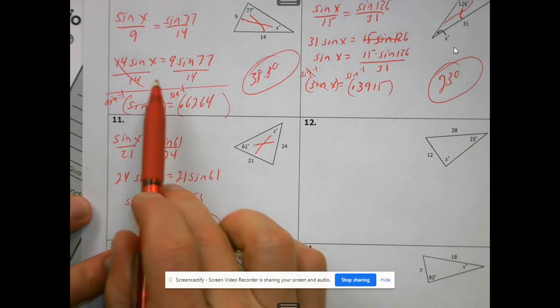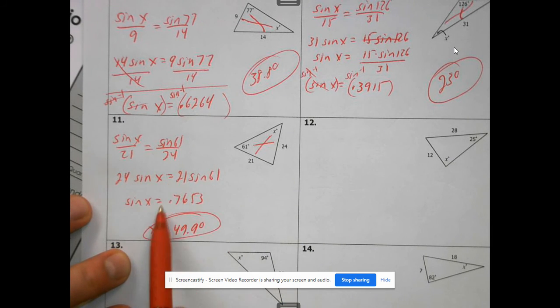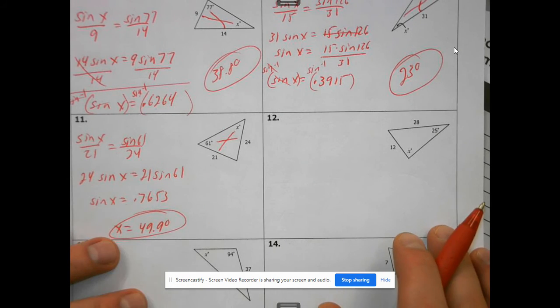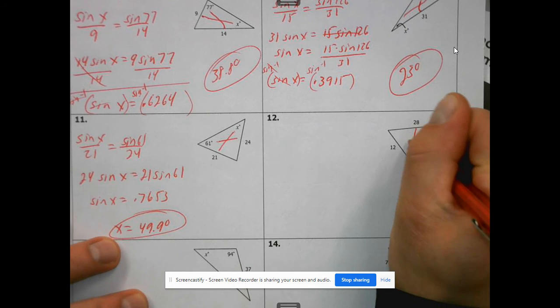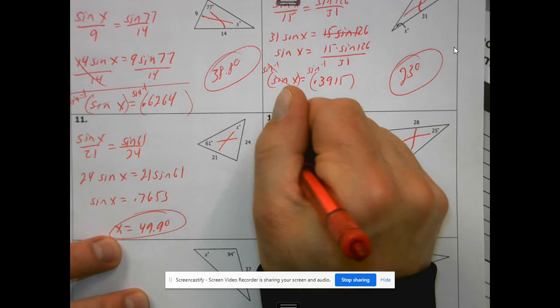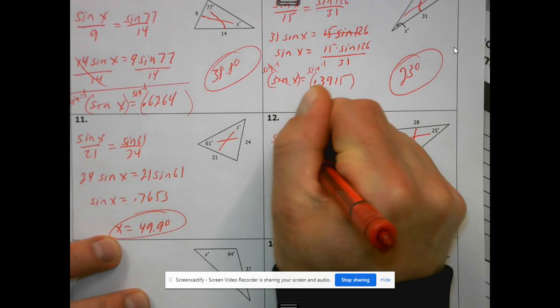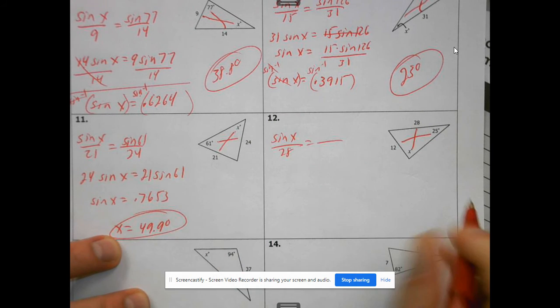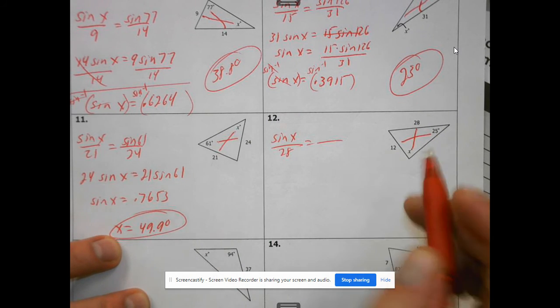So I'm not showing all my work, just giving you step by step. Number 12, x, 28 go together. 12 and 25 go together. Sine x over 28 equals sine 25 over 12.